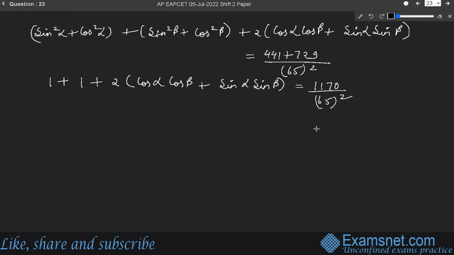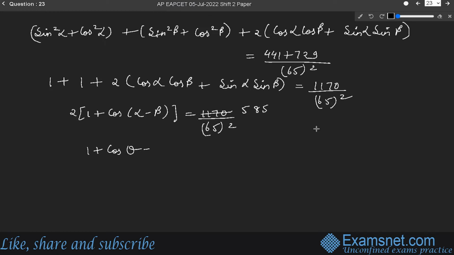Now, taking 2 common, it will be 1 plus cos of alpha minus beta is equal to 1170 divided by 65 square, and 1170 will be cancelled by 2, so it will be 585. So we can say that 1 plus cos theta is equal to 2 cos square theta by 2.